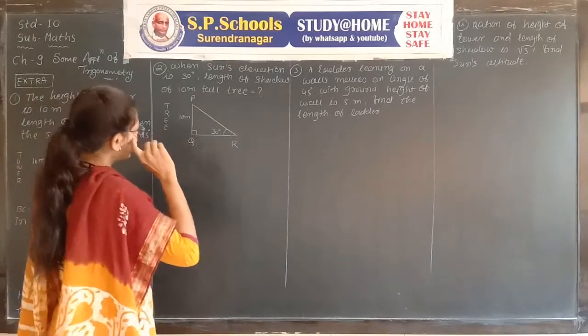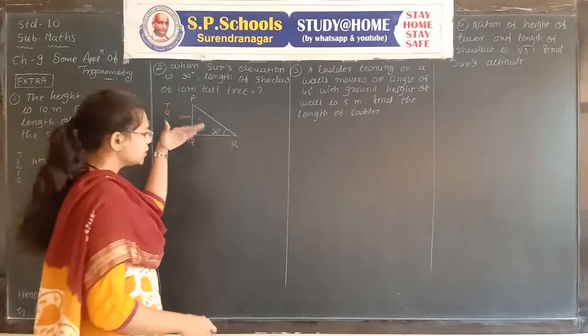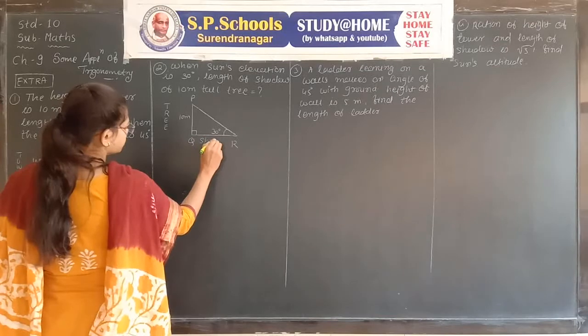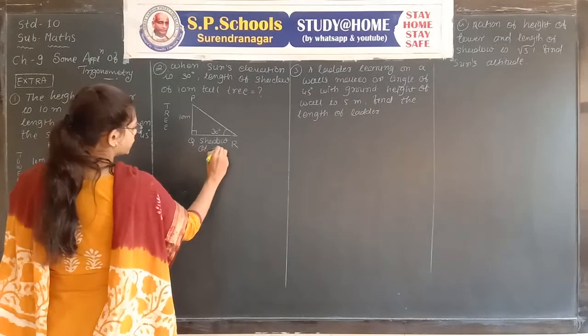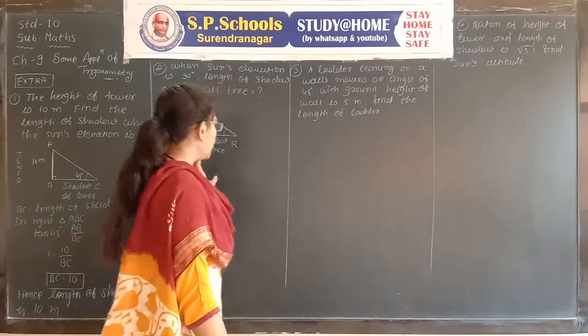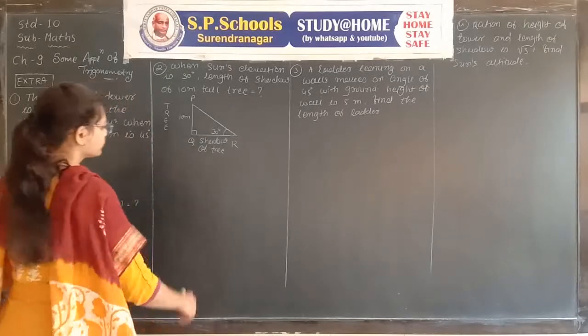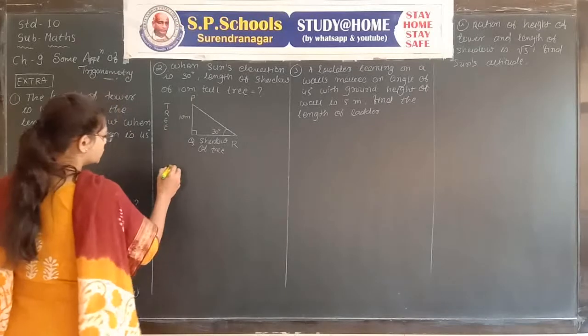We need to find the length of shadow of the 10 meter tall tree. PQ is the tree, then QR is the shadow of the tree. It's an objective type question, so here I am not writing the description of the figure. Try yourself to write the description of the figure.